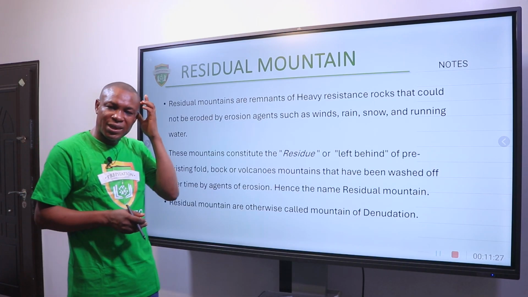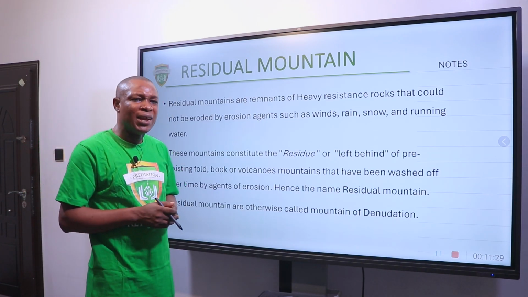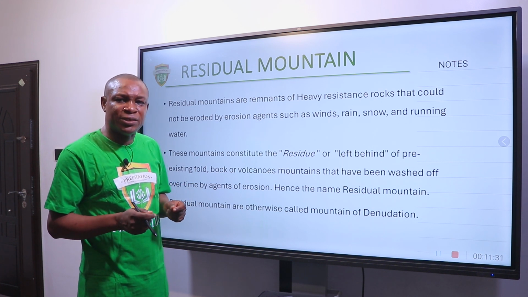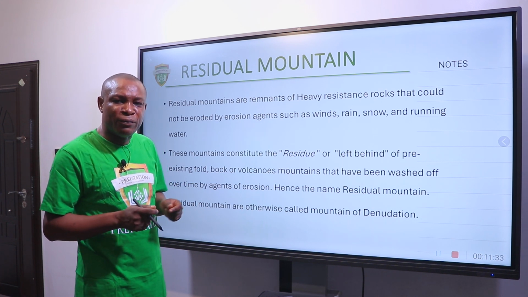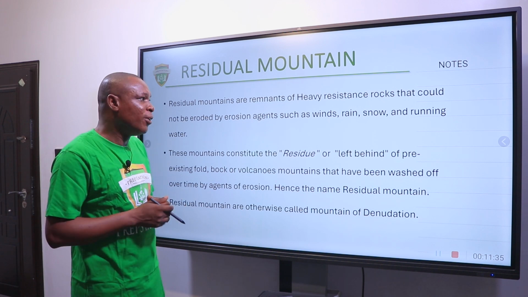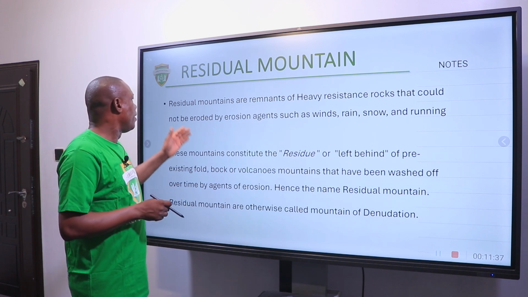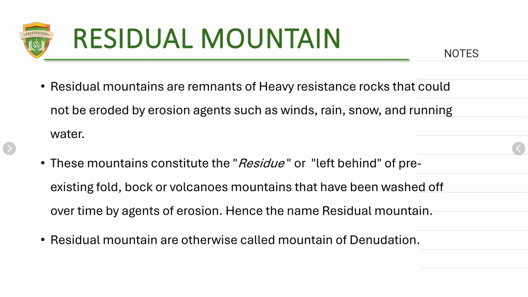Residual mountain. Another name for residual mountain is mountain of denudation. Residual mountains are remnants of heavy resistant rock that could not be eroded by erosion agents such as wind, rain, or snow.